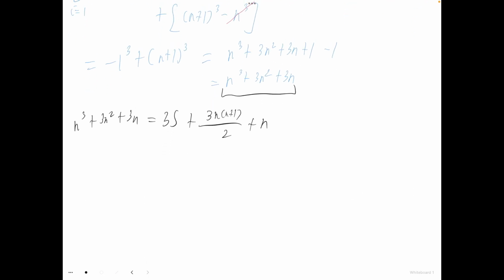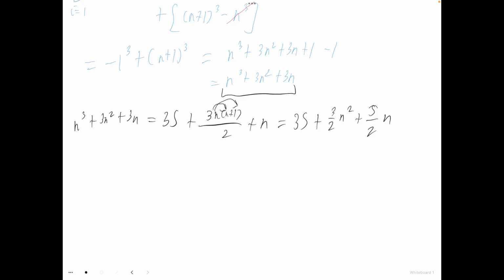Now we're going to actually multiply out this side, so we get 3s plus 3 halves n squared plus 5 over 2 n. So I'm just distributing the 3n across here to both terms, and so I get a 3n squared divided by 2, which is the 3 over 2 n squared. And then I get a 3n over 2 plus another n, so that gives me the 5 over 2 n. Just getting a common denominator there.